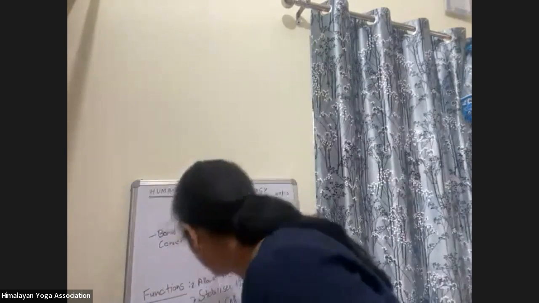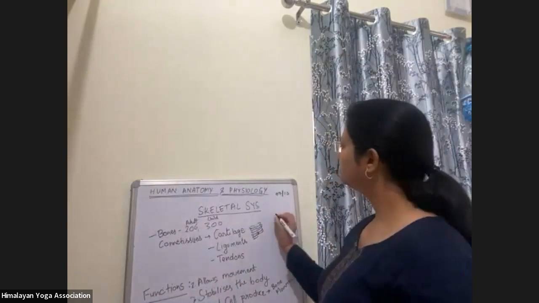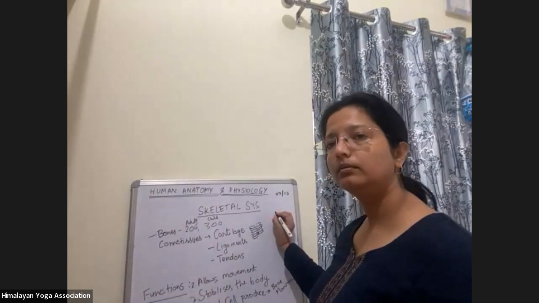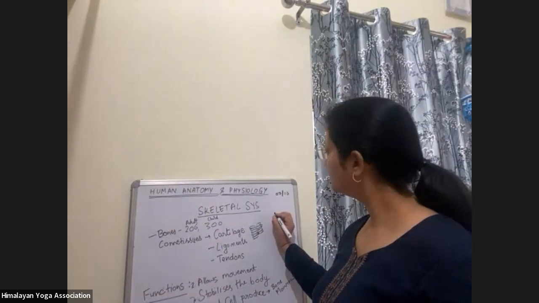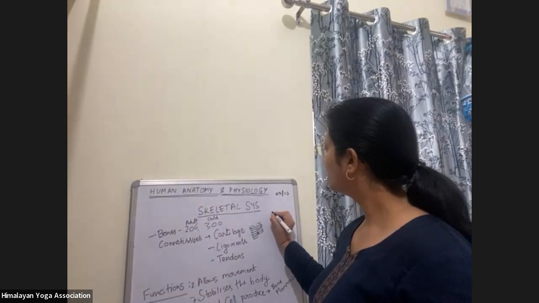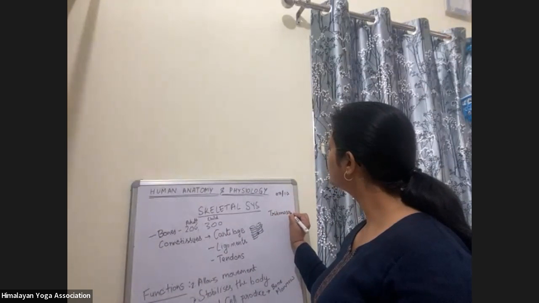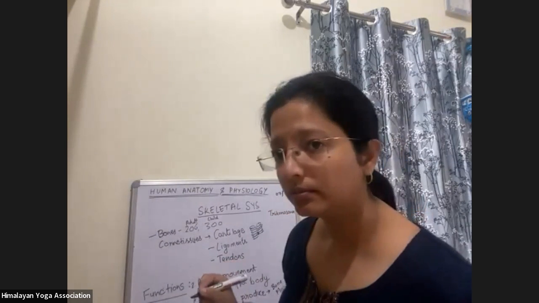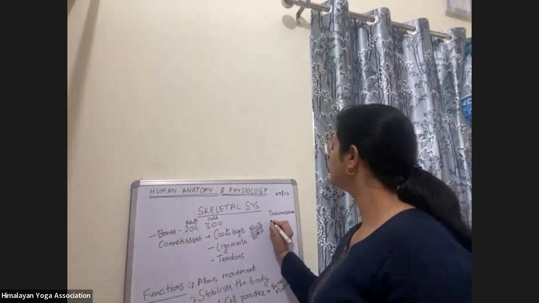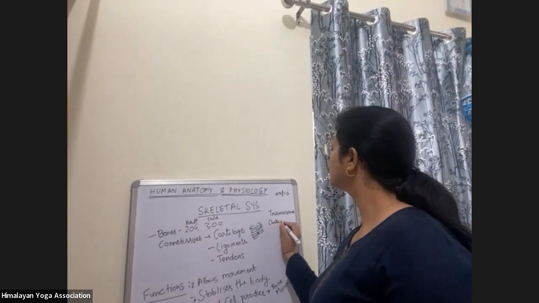Okay. So can you tell me some asanas that you have done? Extended triangle. Okay. Trikonasana. Chaturanga. My favorite.